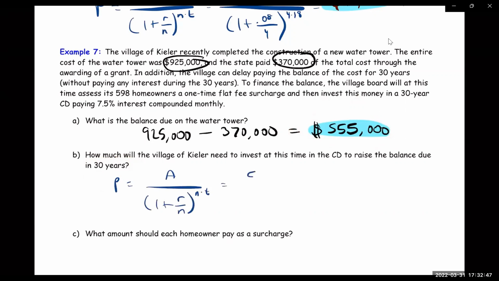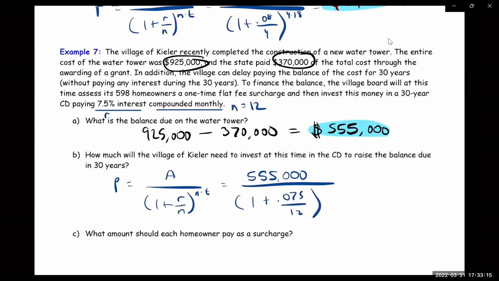All right, so the amount is $555,000. It says compounded monthly, right? So anybody know what N is? Yeah, 12. R is 0.075. It tells you the interest rate here. Divided by 12, to the 12 times 30 years. So that's going to be 360, right? 12 times 30 is 360.